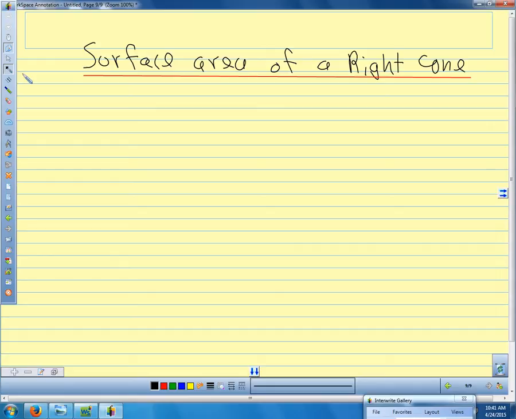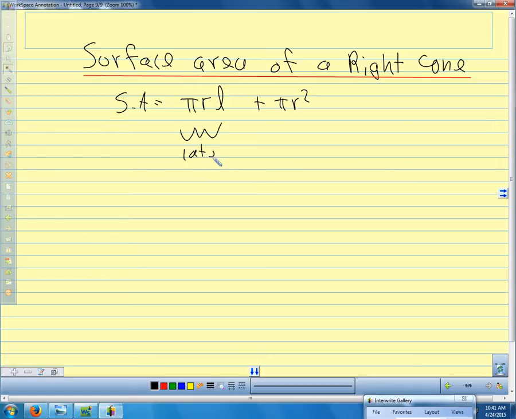So our surface area, SA for surface area, equals pi r L plus pi r squared. And this is the lateral area. And this is the base area.